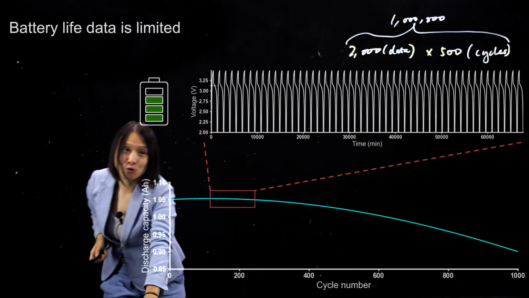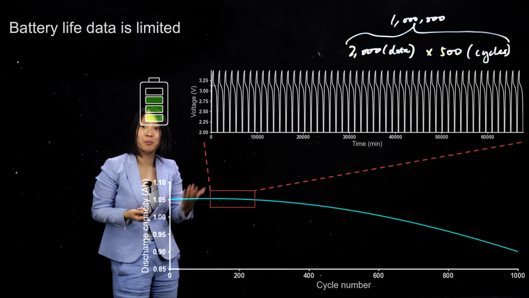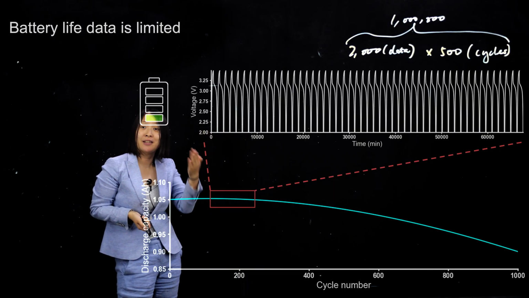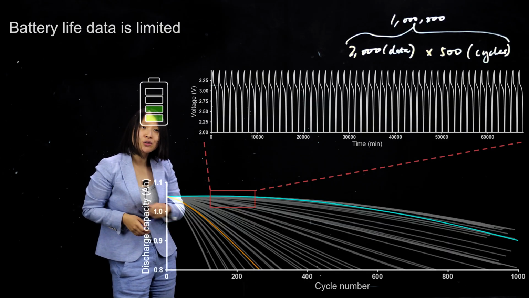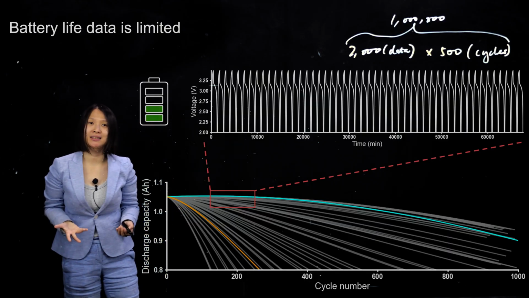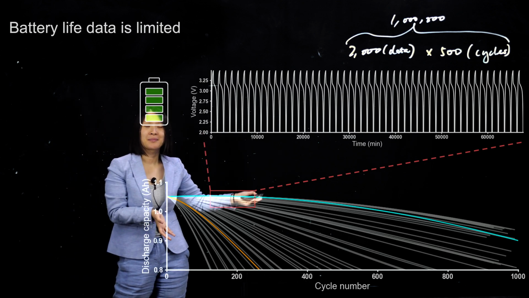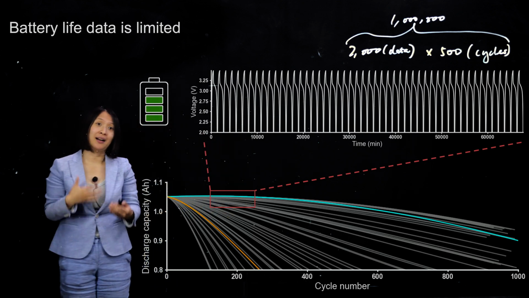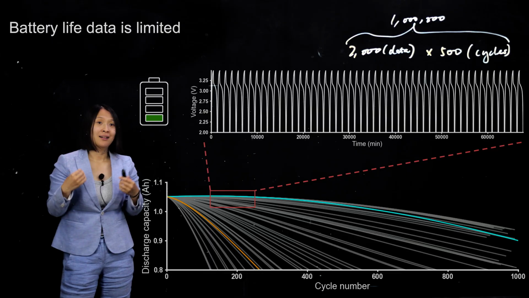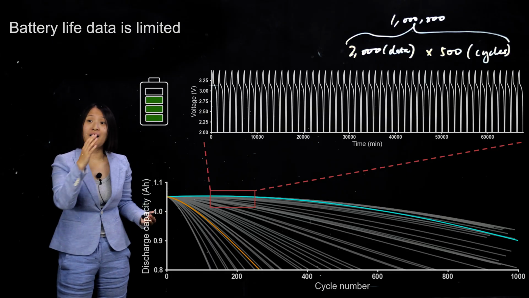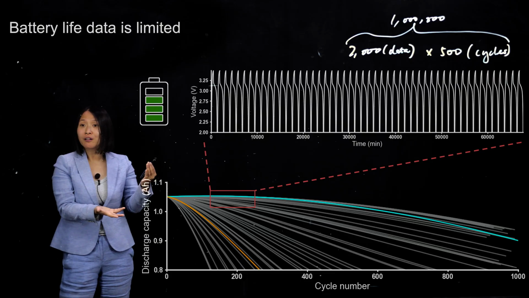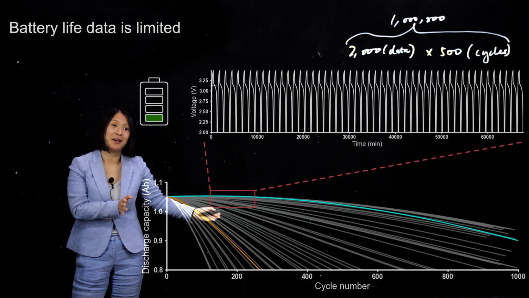For us to really build a comprehensive model to predict a battery's state of health over a range of different conditions, we need to collect many batteries with a diverse lifespan. And typically, with our real life constraints and budgets, it's common that we have hundreds of batteries being tested in parallel.